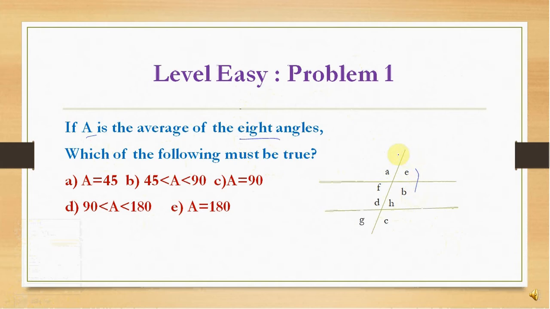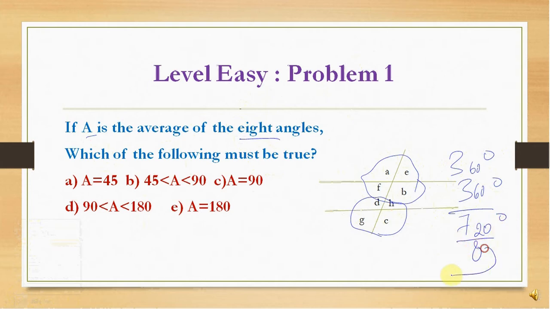We know that the sum of these 4 angles is 360 degrees and the sum of these 4 angles is 360 degrees, so the sum of the 8 angles is 720 degrees, and we divide it by 8 and the average comes out to be 90 degrees. So A is the average of 8 angles, which means the value of A should be 90 degrees.